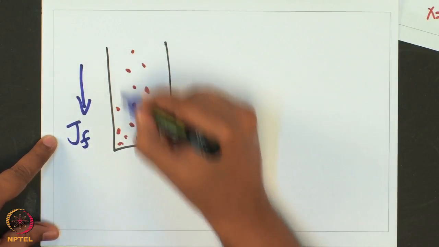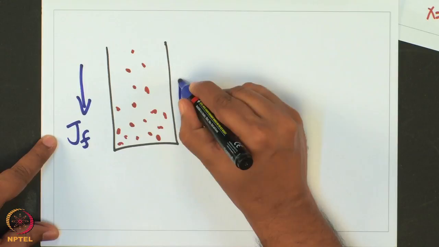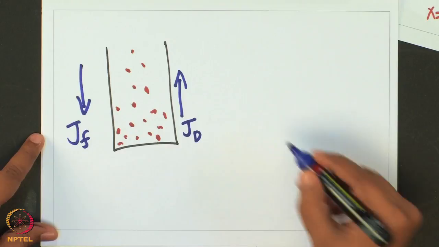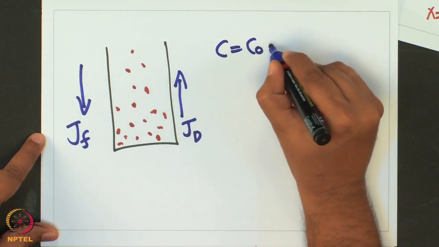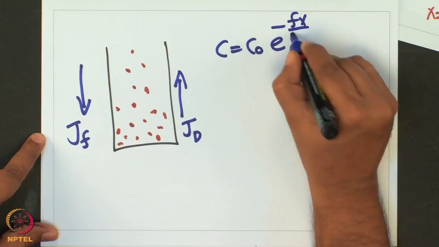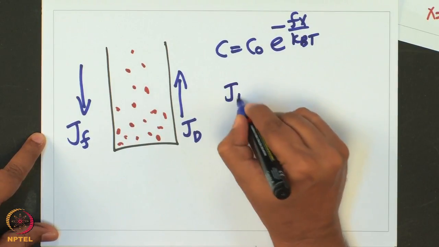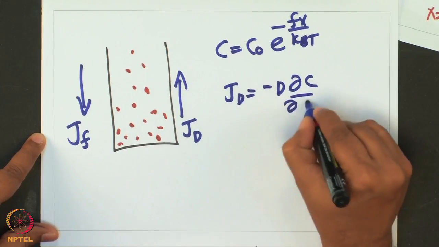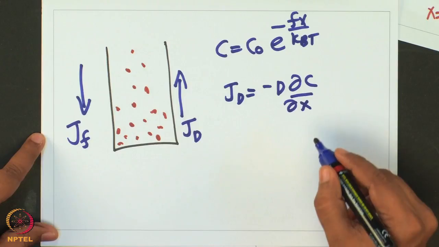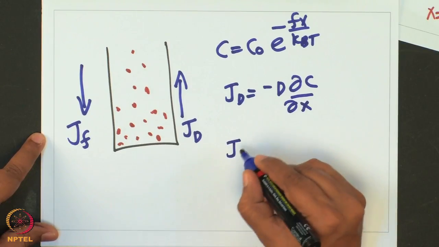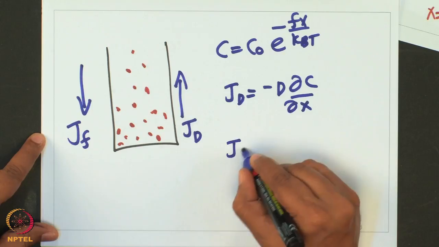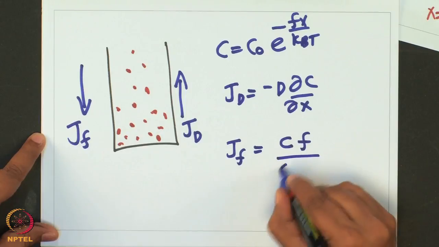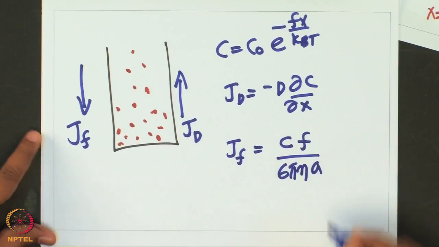The molecules will be pulled down by gravitational force, and there will be a flow in this way because of the diffusion, and the concentration is C0 e power minus Fx by kBT, and we know that Jd is minus D del C by del x. This is the magnitude, and the magnitude for this would be C F by 6 pi eta a.